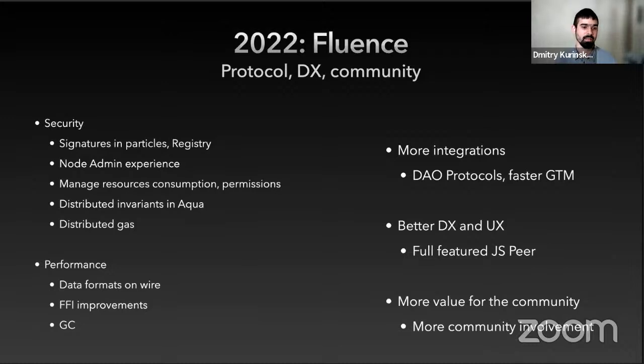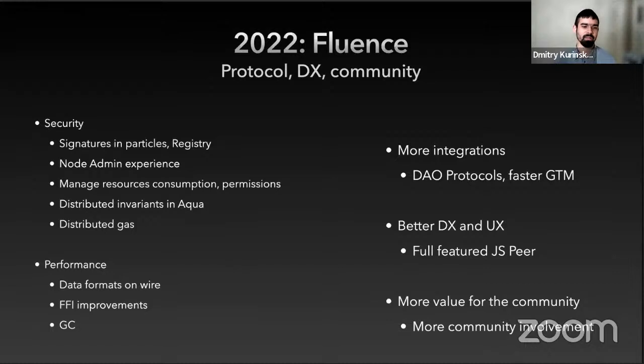sorted out next year. Then to develop and to secure protocols on Fluence, we need to describe distributed invariants in Aqua, which enable and constrain composability at the same time.